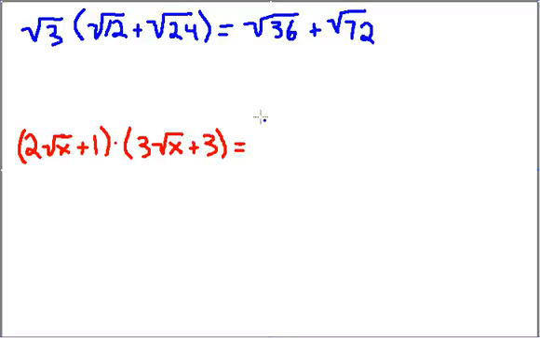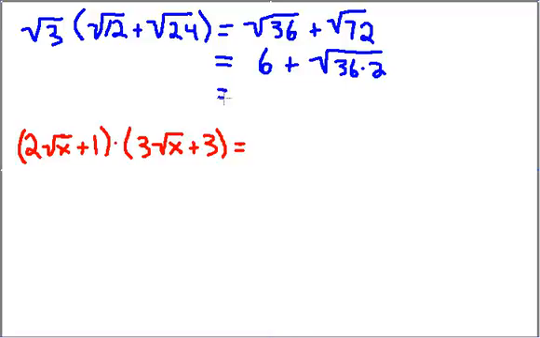Now, we can in fact simplify this even further. 36 is a square, so what is the square root of 36? 6. Next, we have to ask ourselves, does 72 have any factors in it that are squares? In fact, it does. It has 36 times 2. So we could rewrite this as 6 plus the square root of 36 times 2.